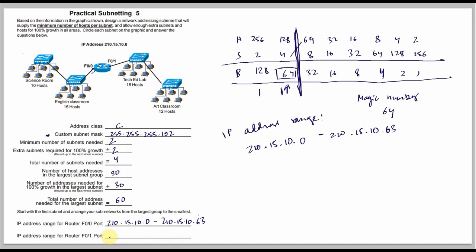And basically what we do is we cannot use the network address, so we're going to start from 64, and we increment that value by 64, because that was the magic number.